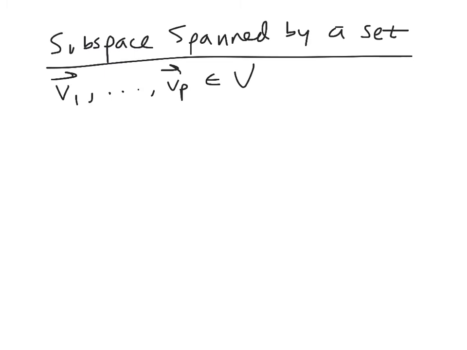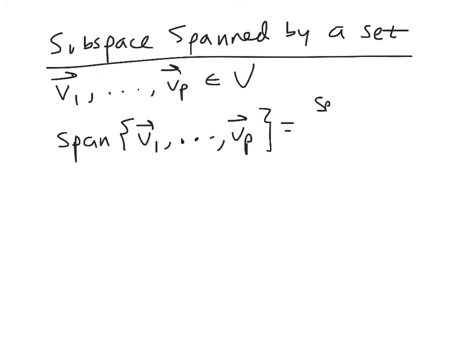So we see that the span of these vectors is just the set of all possible linear combinations.